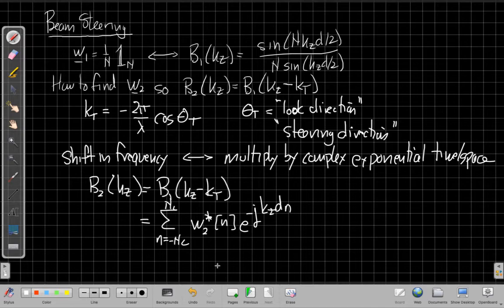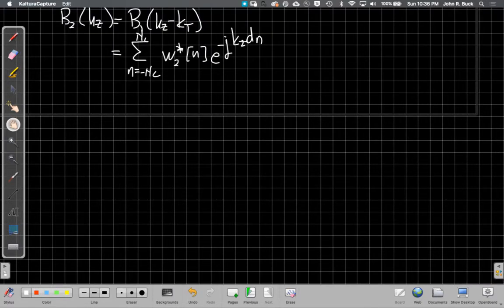So that's our beam pattern just from the definition in terms of W2. And we also want this to be equal to the original beam pattern shifted by kt. And again, these sums are going from minus Nc to plus Nc. So let's see how that works out.